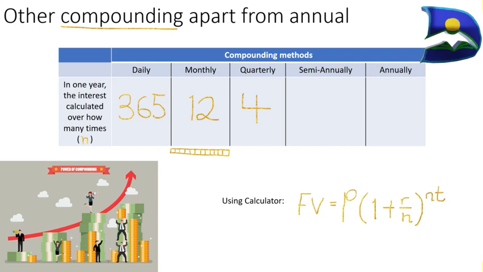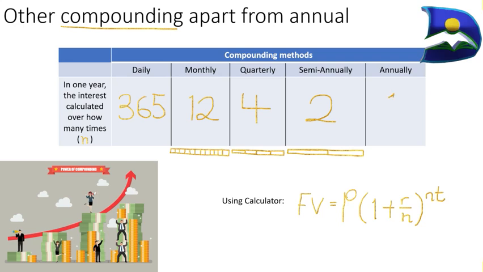We know that a quarter is 1/4, which means that we have 4 times that the interest is added to your principal in a year. And how about semi-annually? We know that this is going to be twice in a year. And finally, the annual rate is going to be done only once in a year.